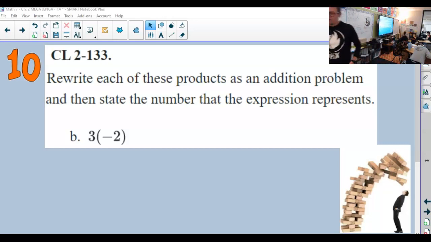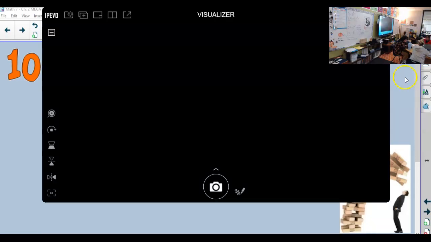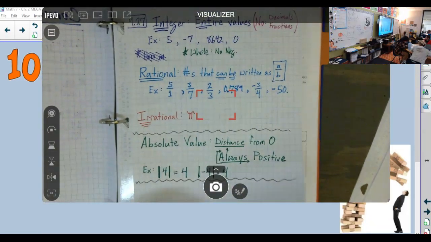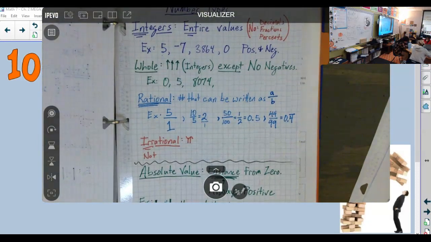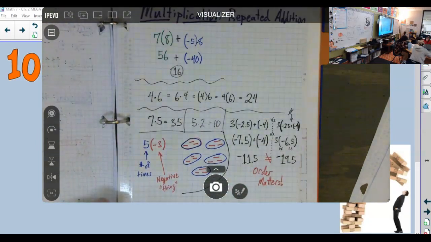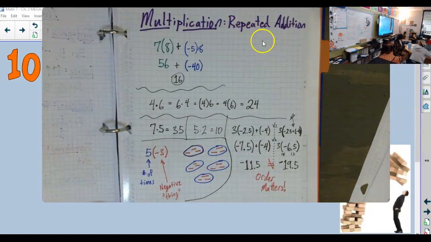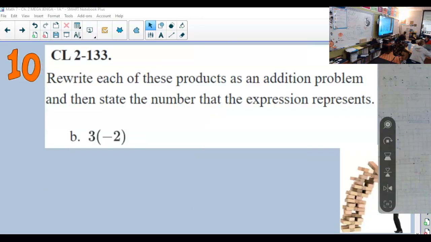So if you have stuff written down on that graph paper, and you go back and flip through your graph paper, man, converting decimals to fractions. Oh, multiplication is repeated addition. Oh, we talked about this.